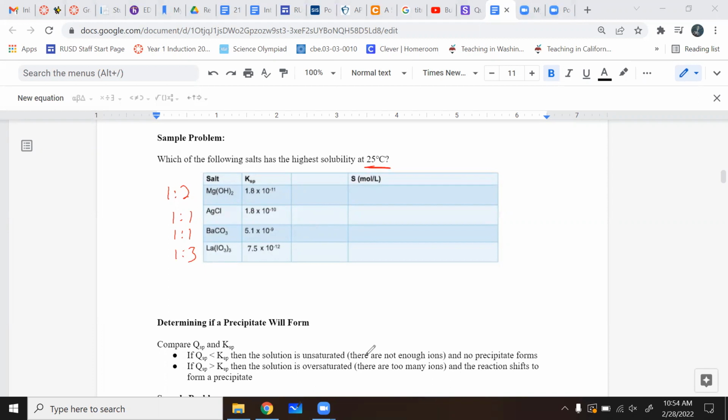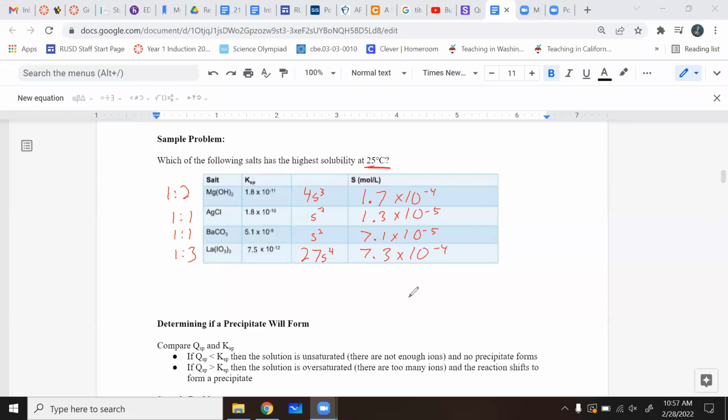Consulting our table, we can go ahead and fill out our S expressions without having to do an ICE table for all of these. So skipping ahead a little bit, I went ahead and filled out the table. Once we solve all of our expressions, and we do that by equating Ksp to our molar concentrations expressed in terms of S, we get solubility values for these following 4. To pick out the salt that has the highest solubility at 25, all you have to do is look for the biggest value.